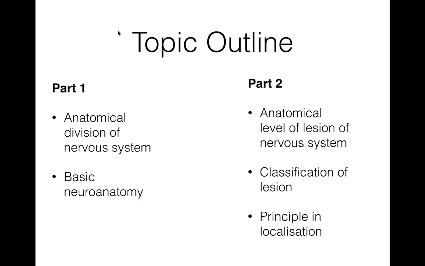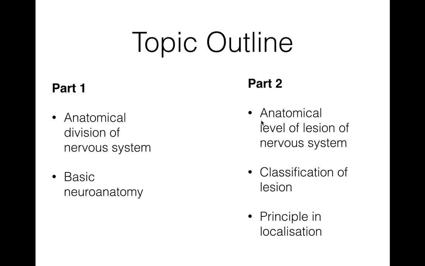This lecture is actually divided into two parts. The first part is where we are going to discuss basic anatomy in general. We'll discuss the anatomical division of the nervous system, and then we'll have basic neuroanatomy, very basic.